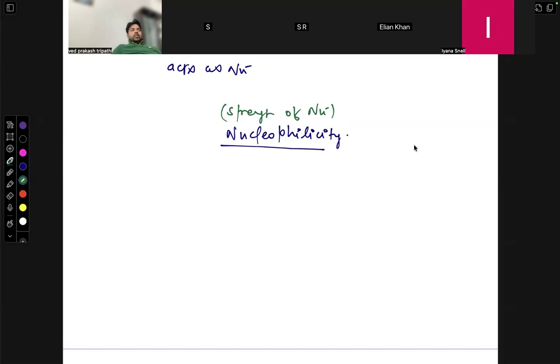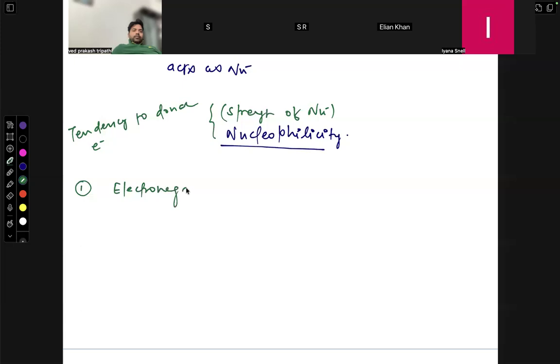A question can be asked, you have some nucleophiles and you have to arrange them in the decreasing order of their nucleophilicity. So nucleophilicity is strength of nucleophile, which can also be considered as tendency to donate electrons. Clear? Make sense? Very good. So the very first effect which can affect the nucleophilicity is electronegativity.